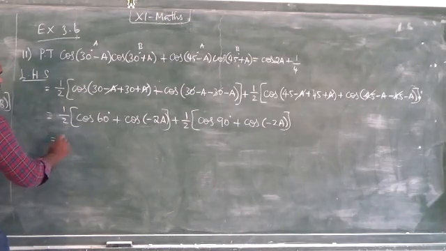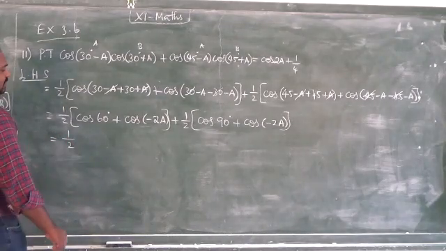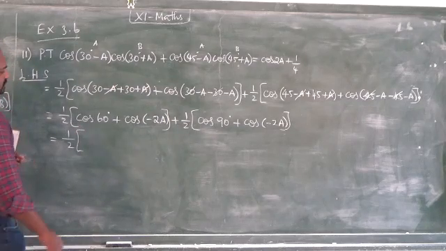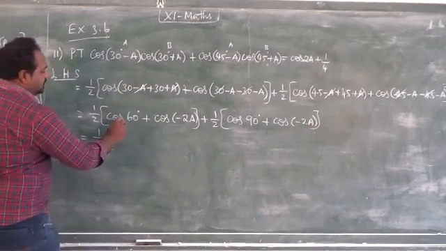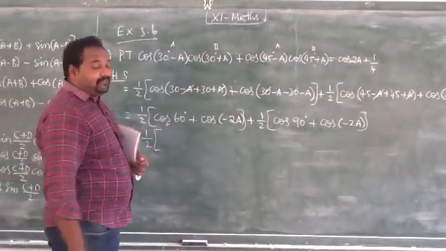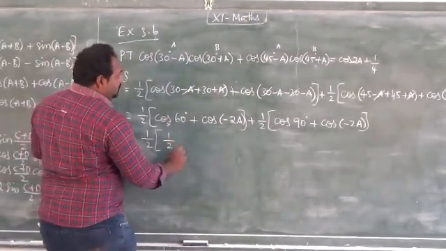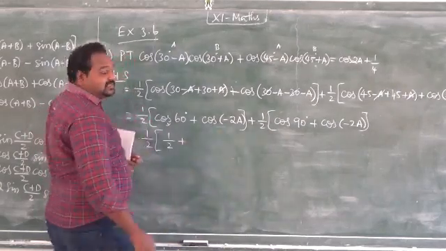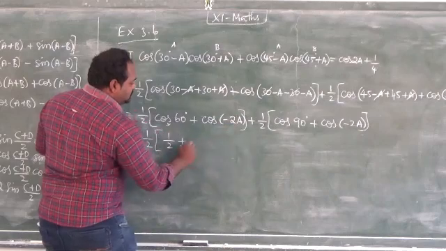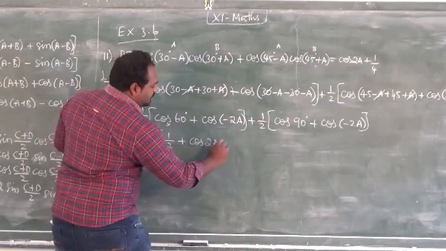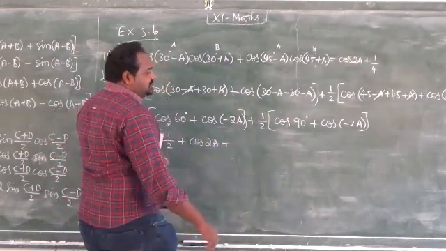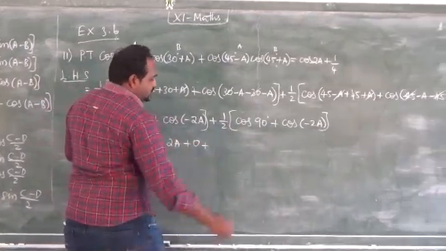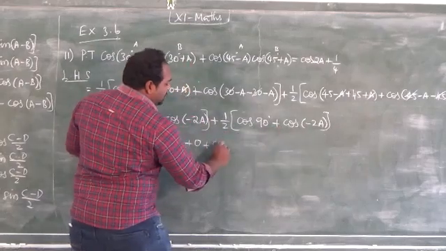Now 1/2 we can take commonly outside. Here the cos 60 value is 1/2, plus cos of minus theta is always cos theta, it will become positive. So cos 2A, plus cos 90 value is 0, plus cos of minus 2A is cos 2A.